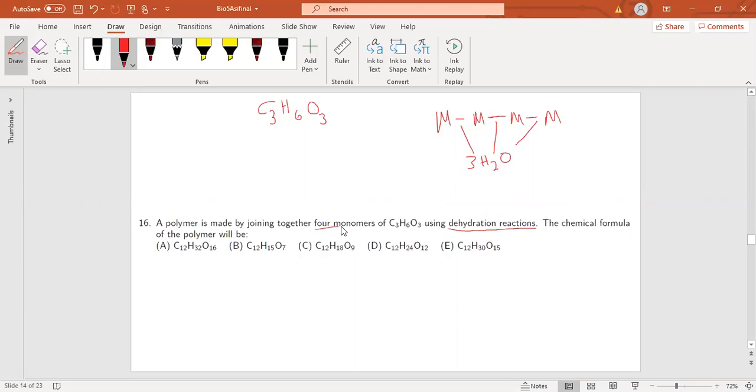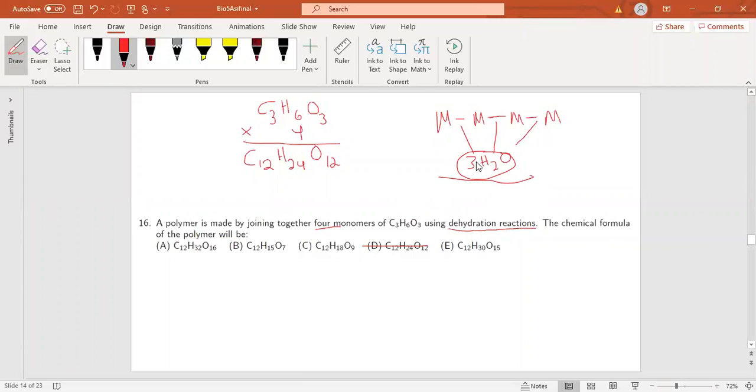Now what I like to do is, since we have 4 monomers, we'll multiply our single monomeric formula by 4. So C3H6O3 times 4 gives us C12H24O12. Now you can see that in our answer choice, we do see answer choice D the same. However, that's a trap because we are not done yet. We got to subtract the 3 waters that we lost in our dehydration reactions, right?